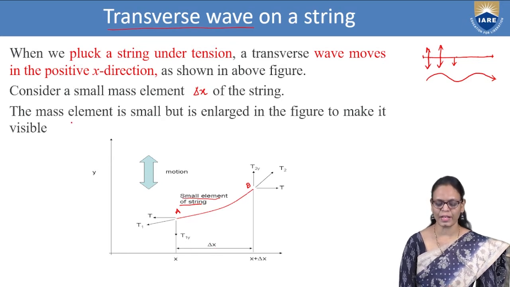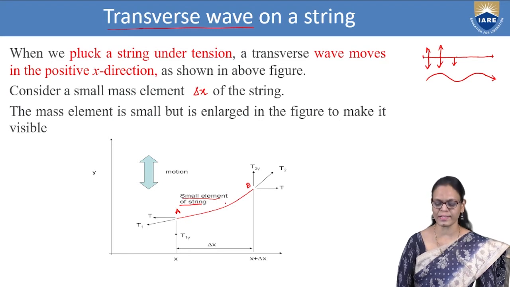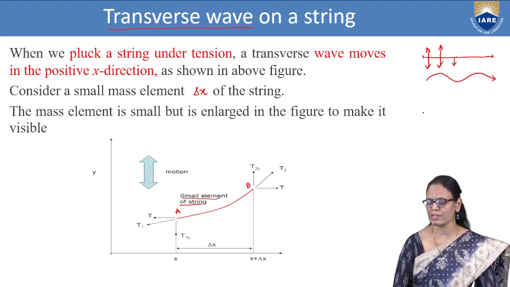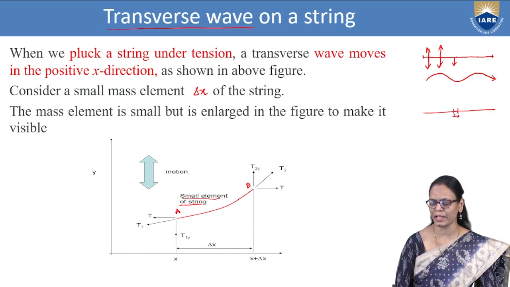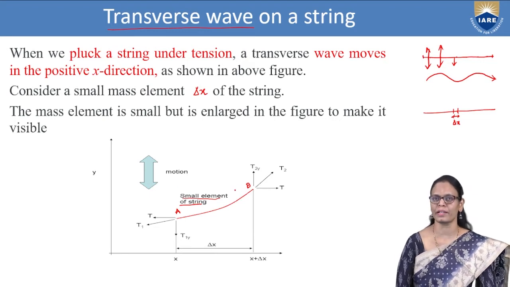The mass element is small but is enlarged in the figure to make it visible. It is actually very small, but for us to understand, if I take a string like this and a very small element delta x, it is enlarged here so we can understand the tension acting on the string. So AB is a very small element.